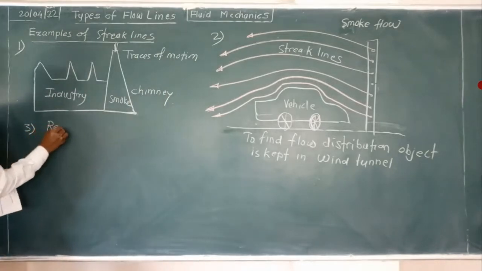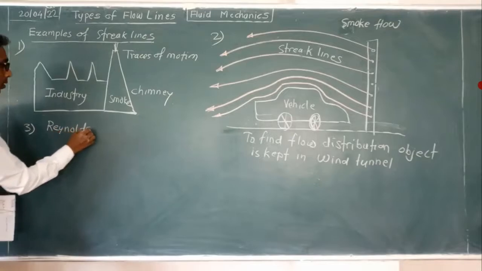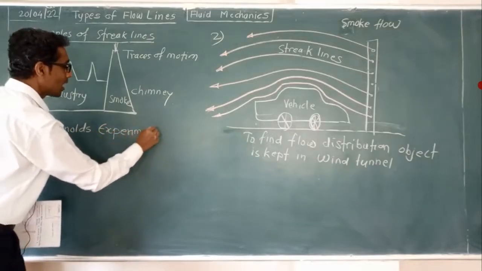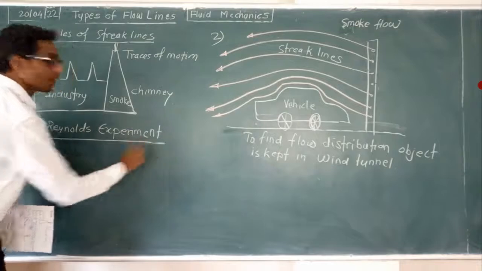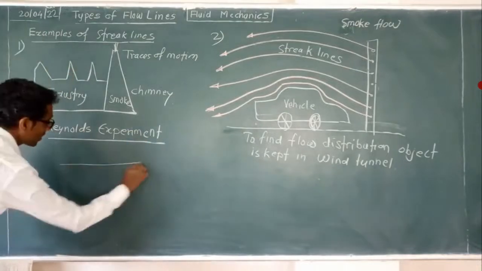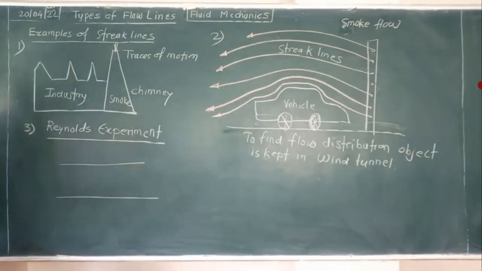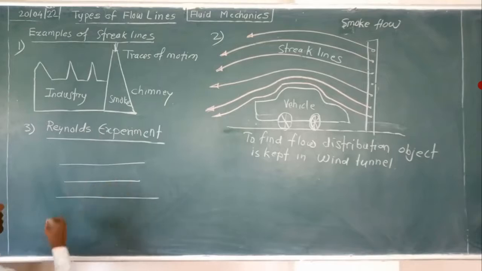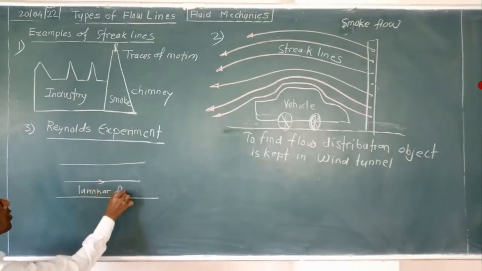This is the second example, and the third example is what we do in the laboratory, Reynolds experiment, that we see in the lab today in detail. In that, there is a pipe, water is passed and ink is injected through it. So it can give you different kinds of filament. Suppose this is a straight line, we can say this is laminar flow.